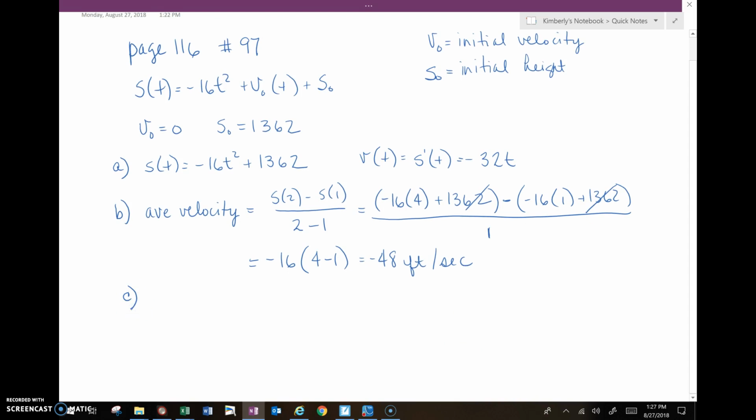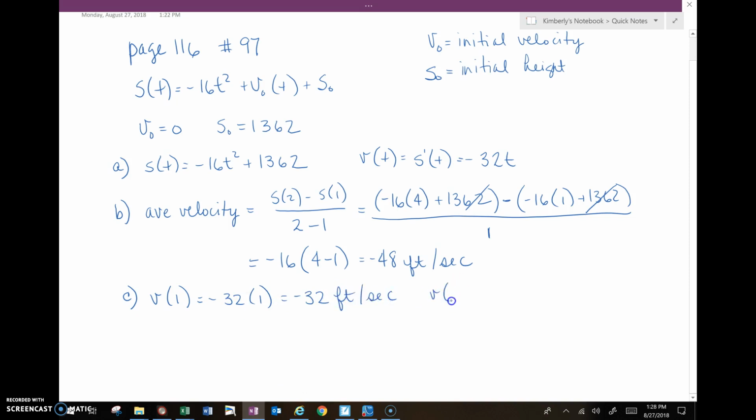So I want you to make the connection here that average velocity is old-fashioned slope between 2 points, and instantaneous velocity is the derivative at 1 point. That's like the slope of your tangent line. So we're going to find v of 1, which is just negative 32 times 1. So that answer is negative 32 feet per second.